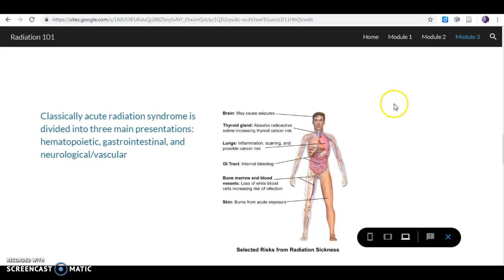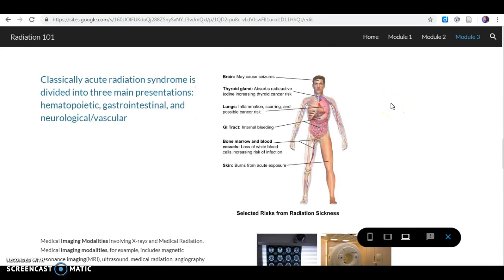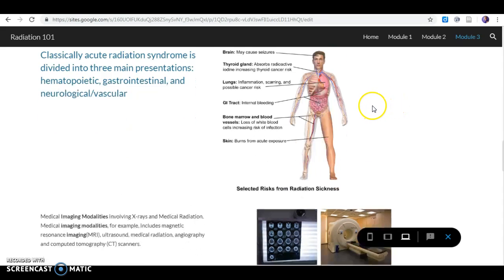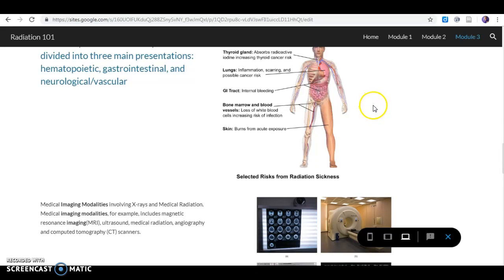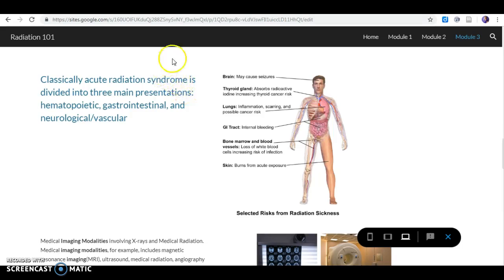And then to fulfill my learning objectives, I talked about acute radiation syndrome, which is divided into three main presentations: hematopoietic, gastrointestinal, and neurological and vascular. As the radiation doses increase, you move along to the different levels of the acute radiation syndrome, neurological and vascular being the worst of the syndrome.